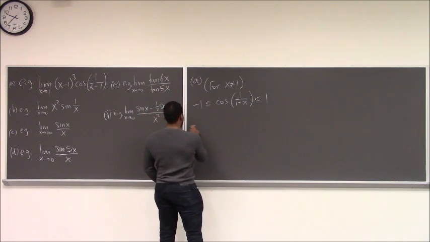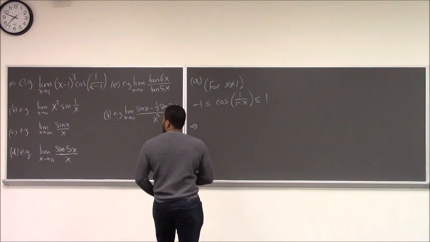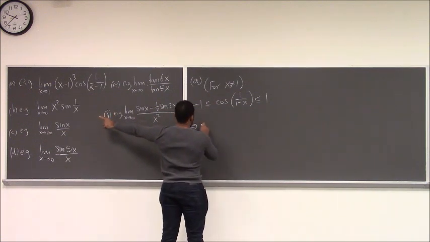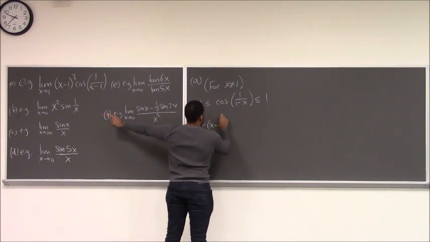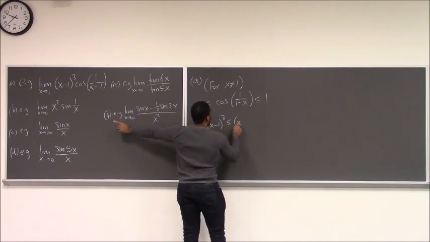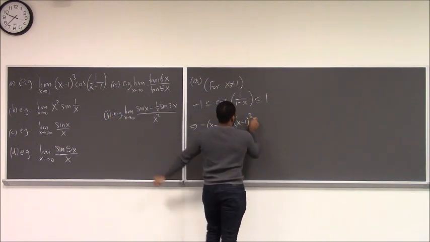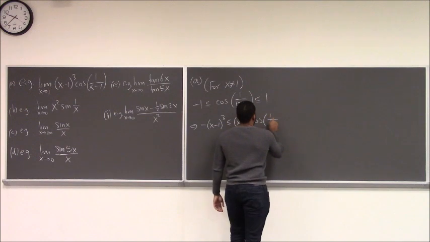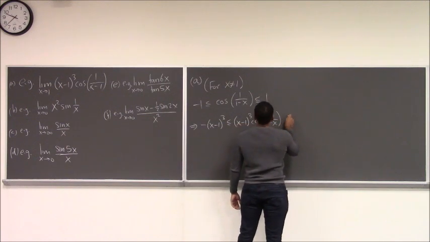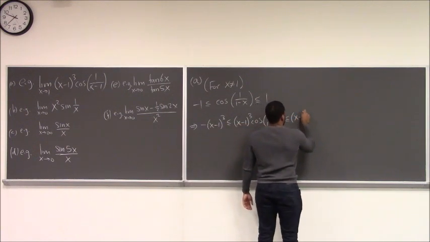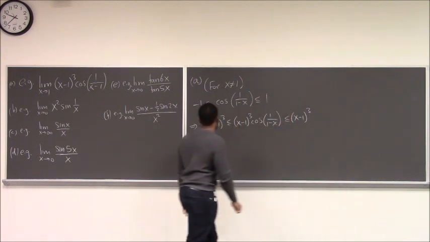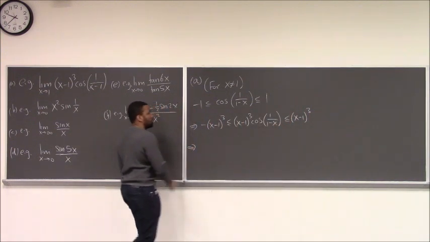And so you said you multiplied both sides by x minus 1 cubed. Well, multiply all sides. Okay, and now?